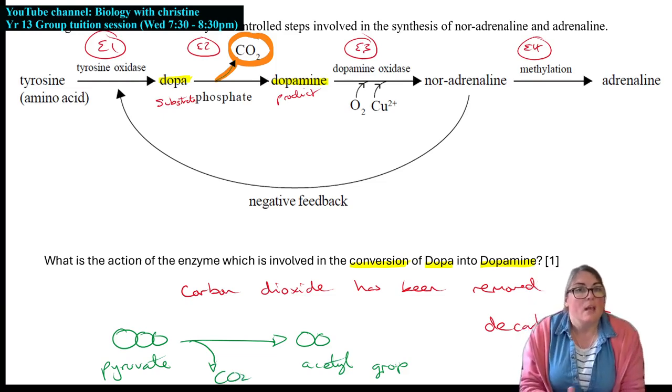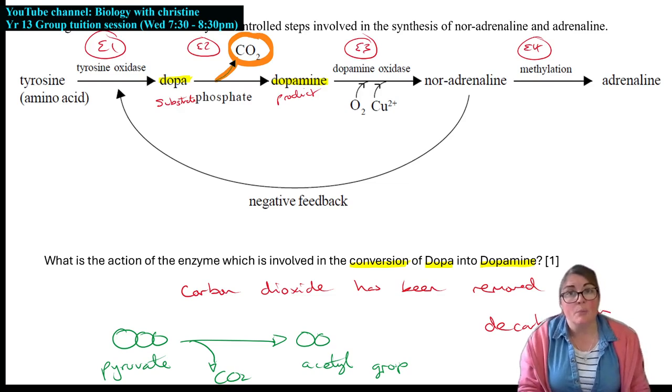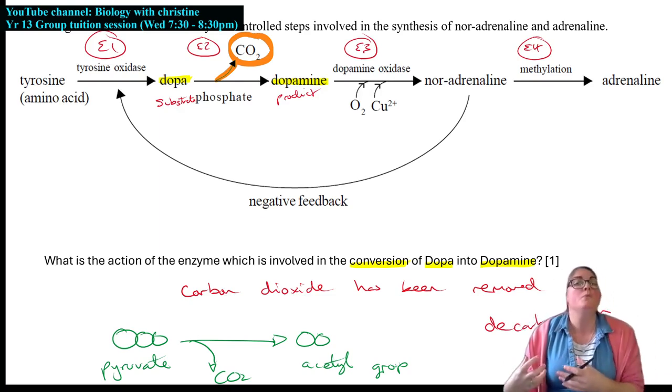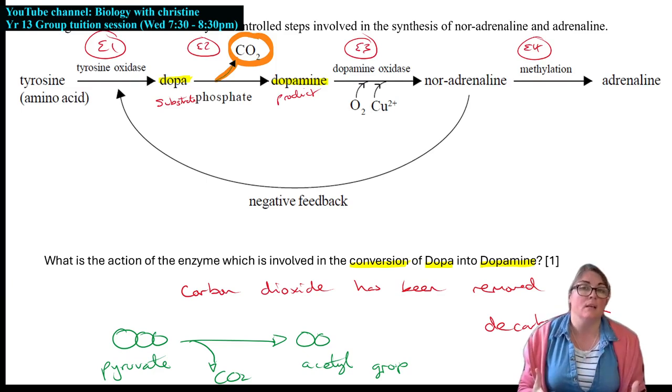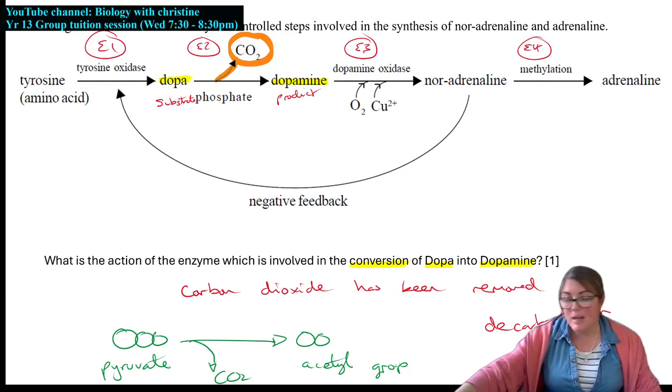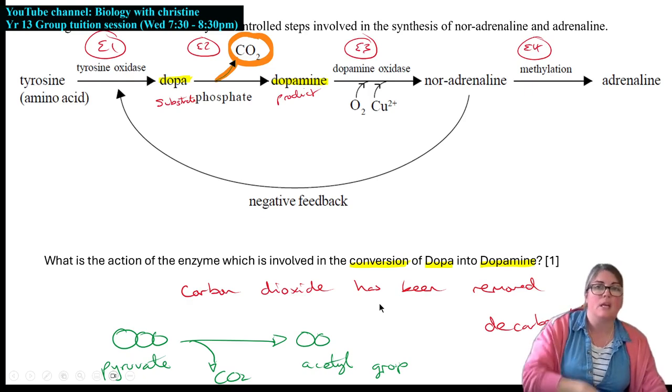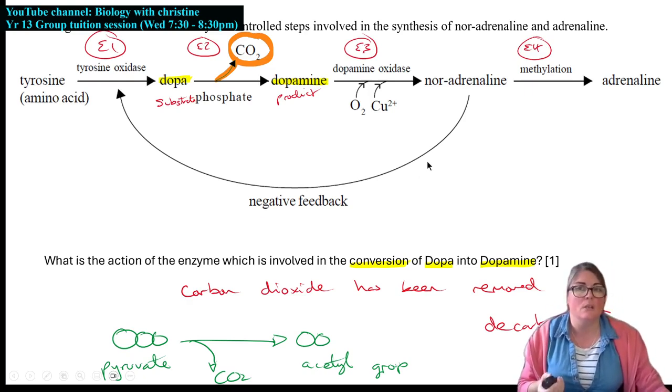So if you're looking at the link reaction, for example, it's decarboxylation. Well, it's the same thing here. We're going from dopa to dopamine by removing the carbon dioxide. So it's really interesting when you get these types of questions, because what they're actually checking is, do you know the content, and can you then apply the content to the situation?